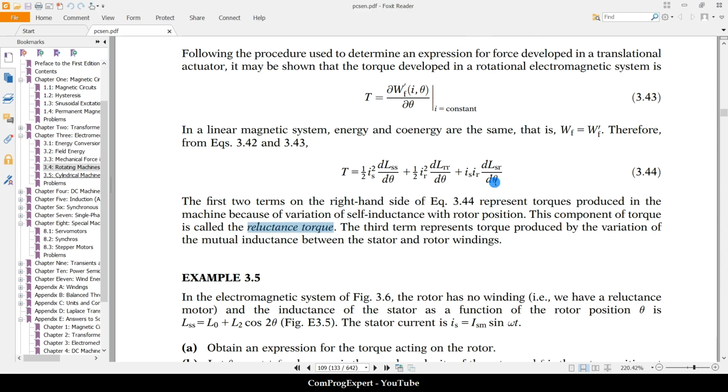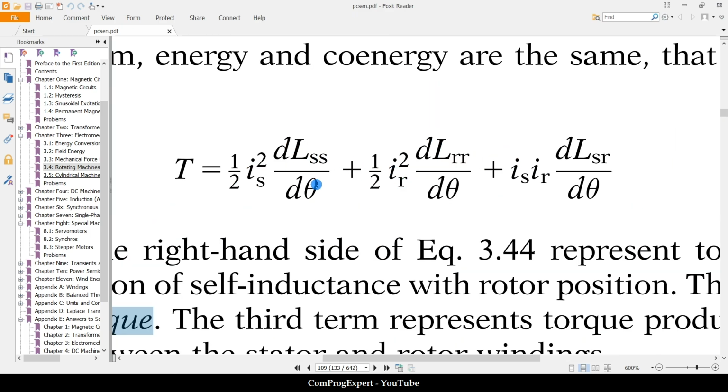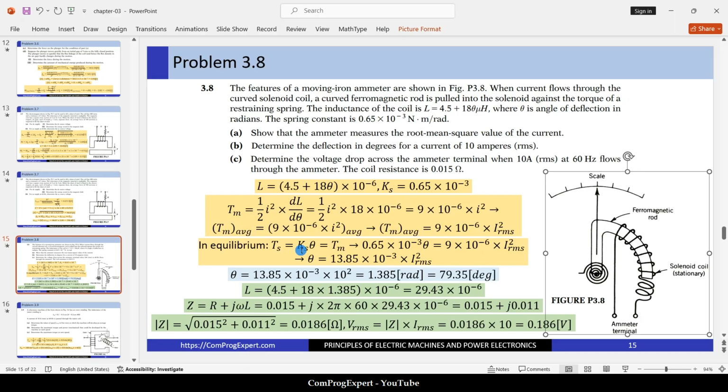In this case, we don't have IR, only we have one coil. So if you replace the numbers, take the derivative of inductance with respect to theta, this constant term will be 0, it is 18 times 10 to the power minus 6, because this is in microhenry. So we will have this equation. This is the value of the torque as a function of current.